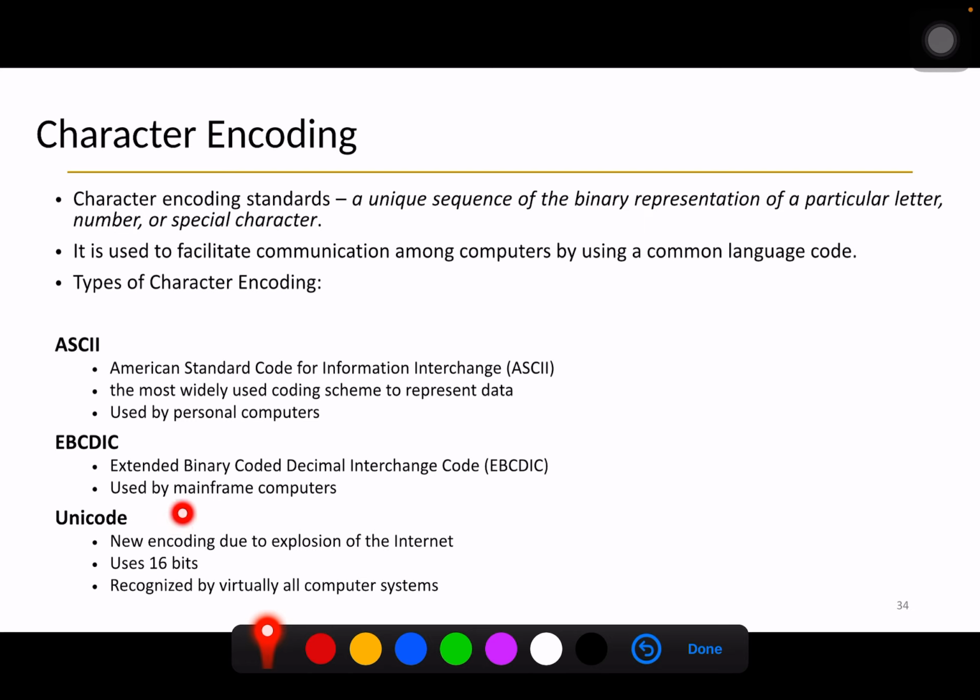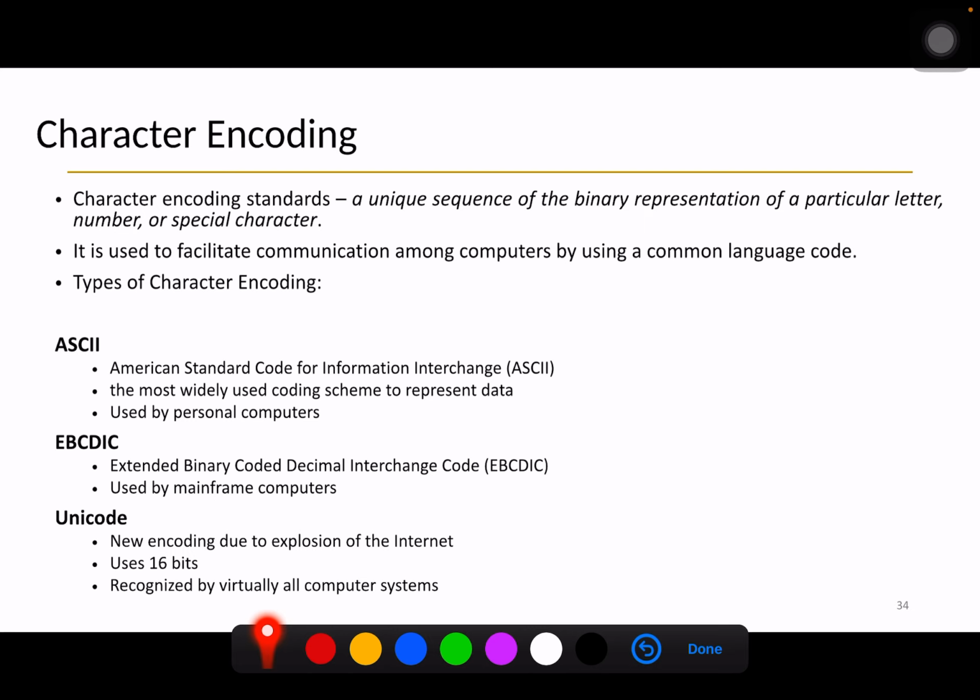Okay, what kind of standard? A standard is one common way for all people to use to represent the data, so that the data is common to everybody.